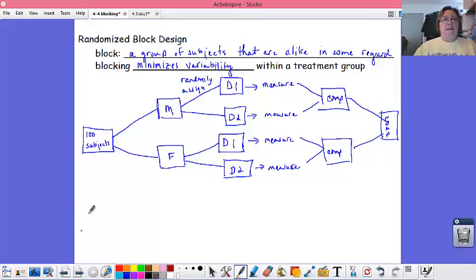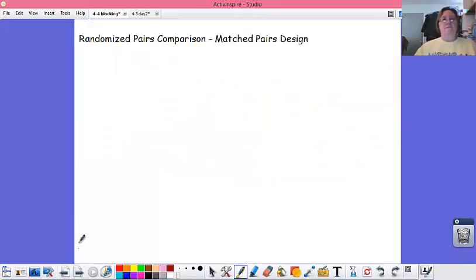Randomized block design. The last of the three methods that we're going to look at today is a special case of that randomized block. This is called a randomized pair comparison, or other places call it matched pairs design. In this case, instead of creating two subgroups, we'll take our 100 subjects and we will pair them up.